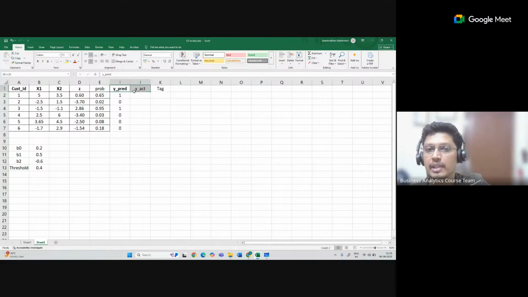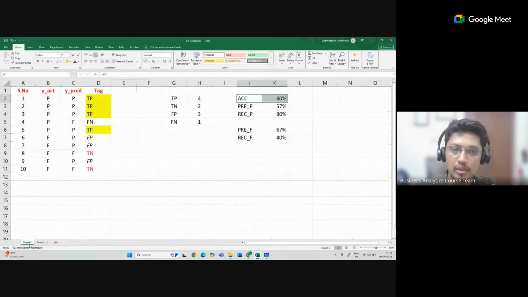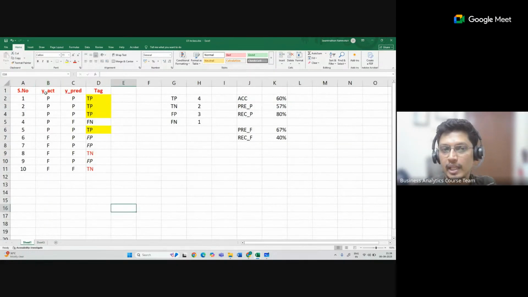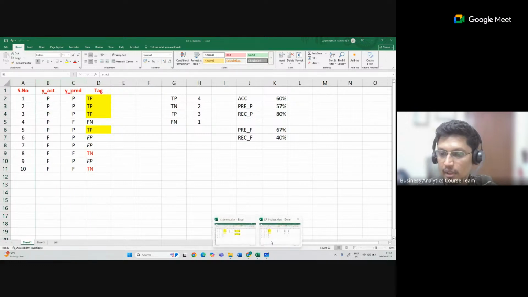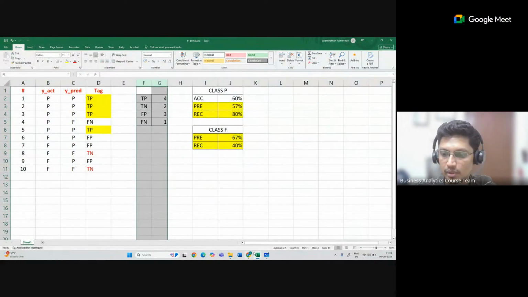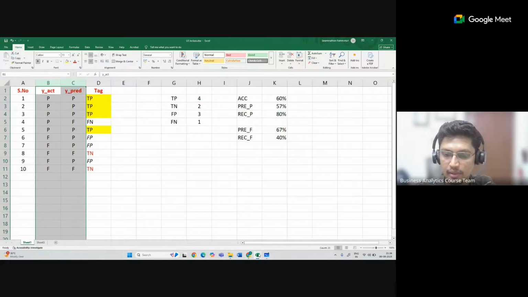Once you have actuals and predictions, you will have to tag them as true positive, false positive, true negative, false negative, compute accuracy, precision, and so on. So now tell me, what is the purpose of this threshold? When will you increase? When will you decrease?